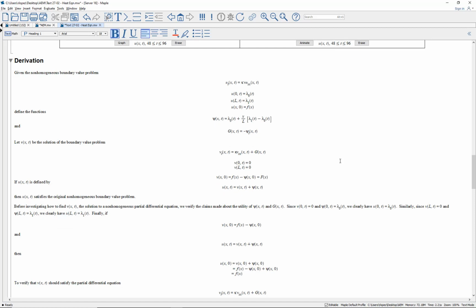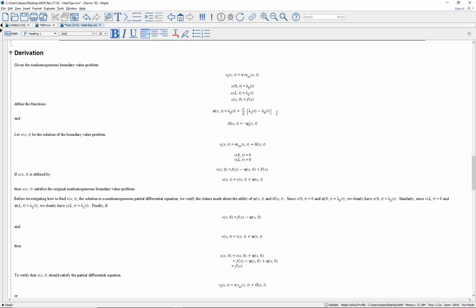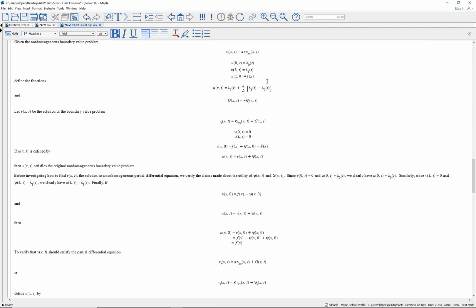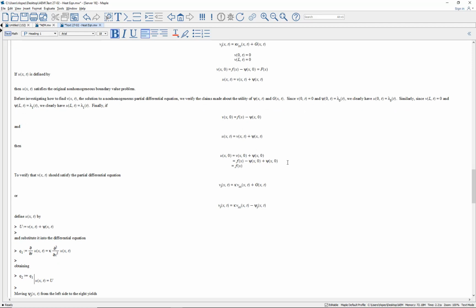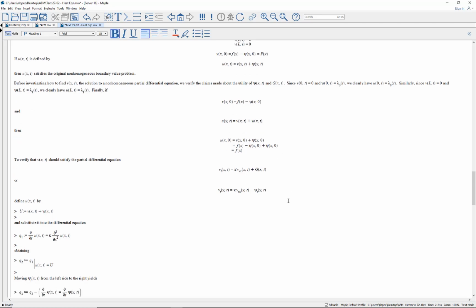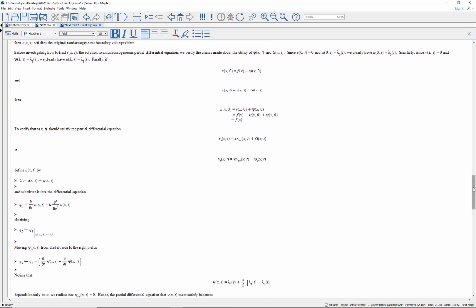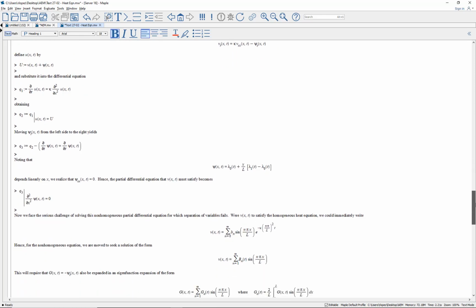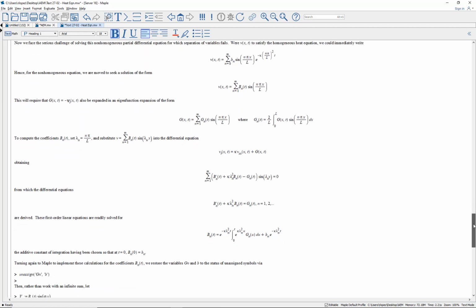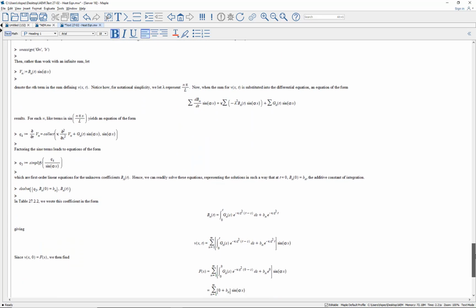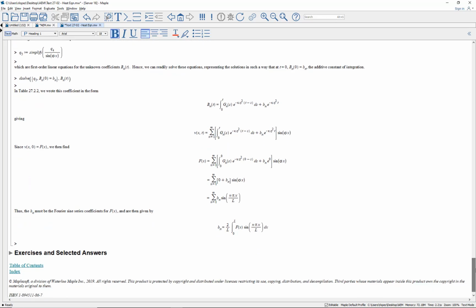It is a full, complete derivation of this algorithm, showing where you get the function psi from and how splitting the solution u into two parts, v plus psi, shifts the inhomogeneity from the boundary conditions to the differential equation.